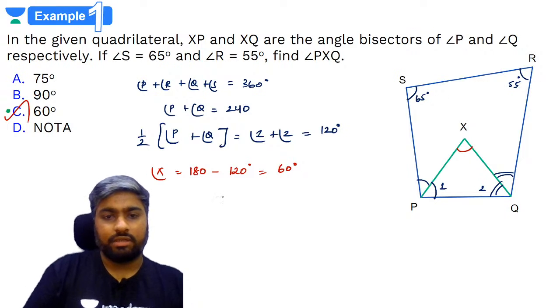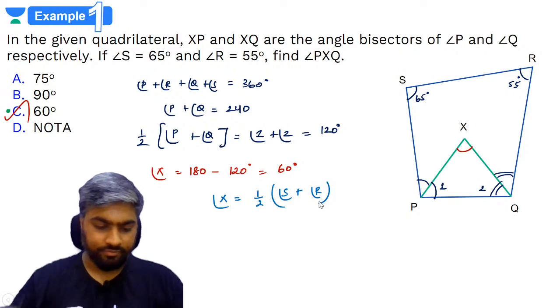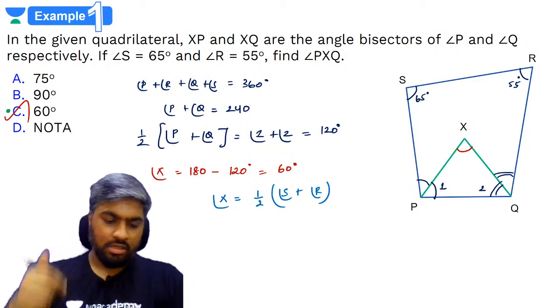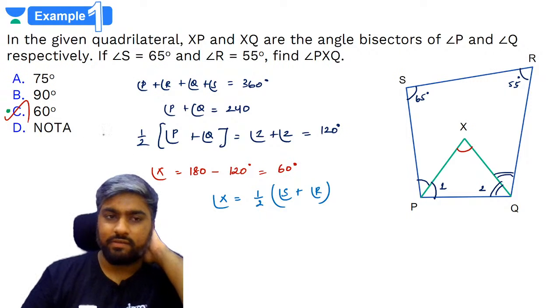Got it? So let me write this. Angle X will always be half of angle S plus angle R. Angle S plus angle R is 120, and half of 120 is 60. Simple.